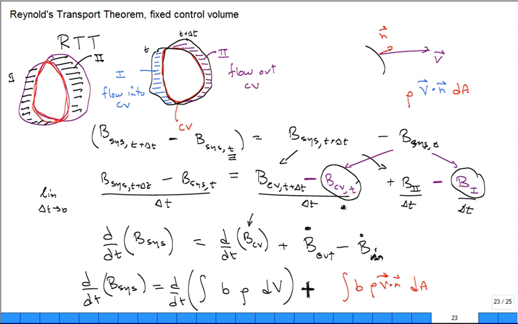Then at some later time, T plus delta T, it's made up of what flowed out plus what's in the control volume at the later time. And the amount that's in that fixed region of space called the control volume can change with time. That's why this one is not the same as this one.